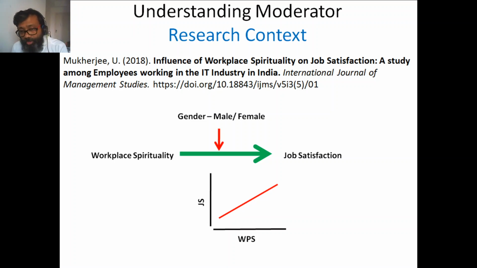And for the females, this is just an example, supposedly the result comes as this: as the workplace spirituality increases, the job satisfaction decreases. So this is a good example of how a moderator effect might look. Right, so now we move on to a mediator effect.